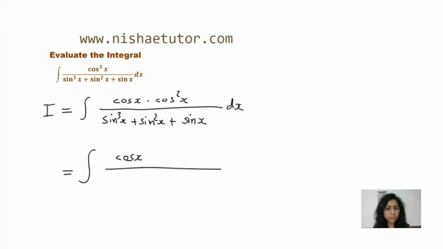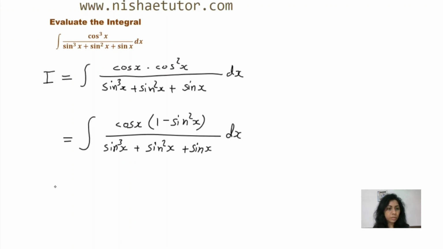So cos x times 1 minus sine square x, plus sine square x plus sine x dx. Here we can substitute t is equal to sine x. So when we differentiate, we get dt equals cos x dx.